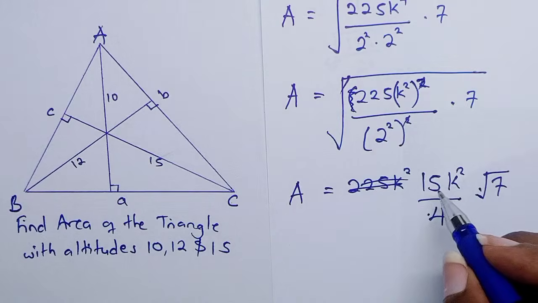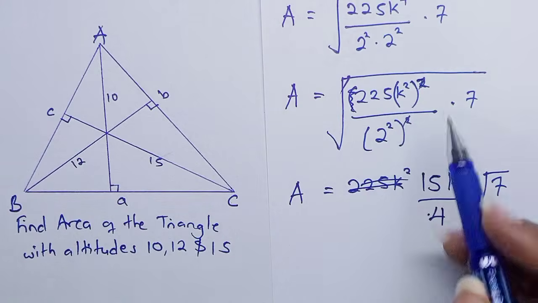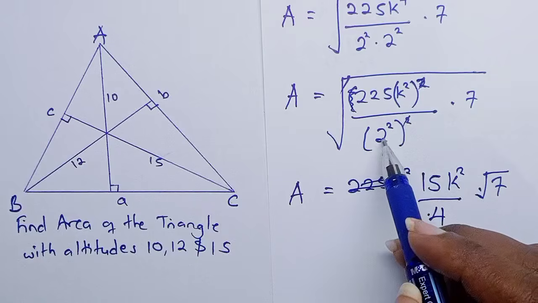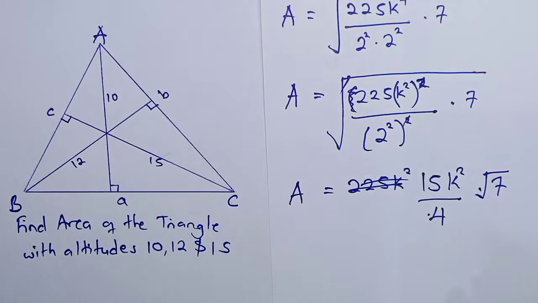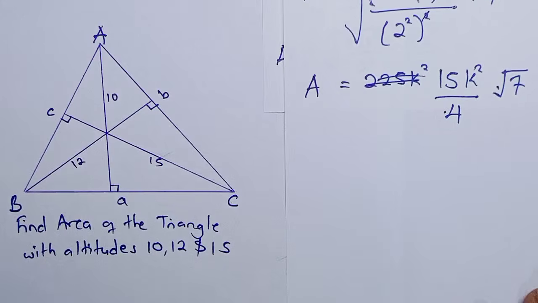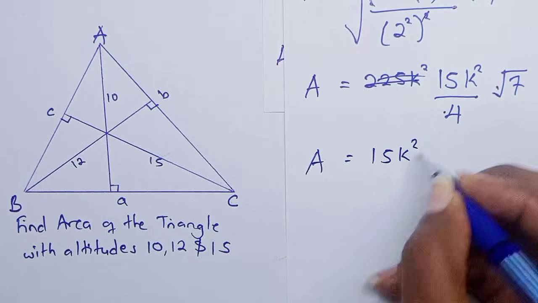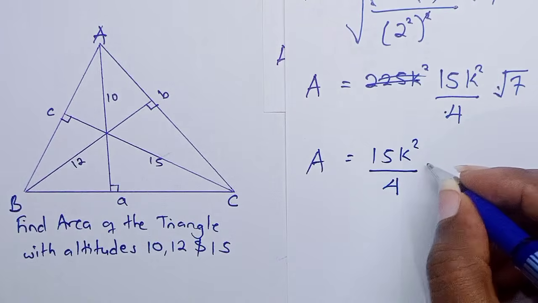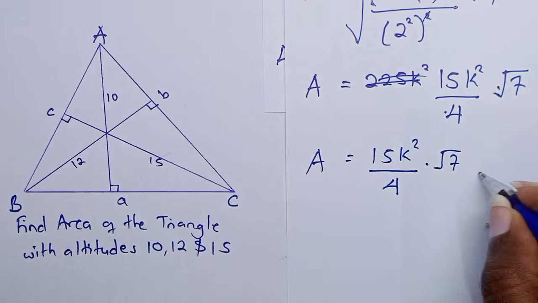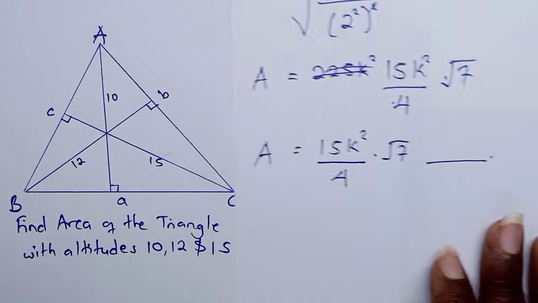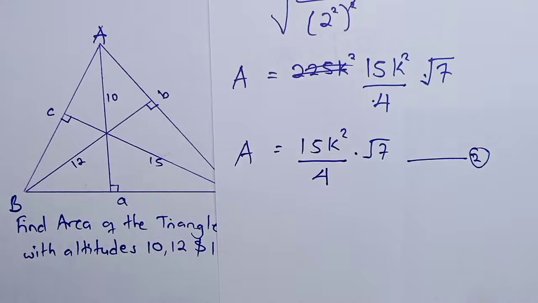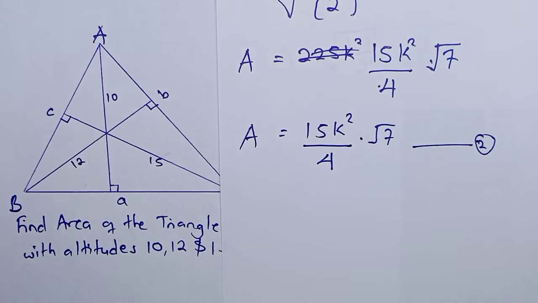Square root of 225 is 15 and square root of 2 squared squared is 2 squared, which is 4. So area is 15k squared over 4 times root 7. So let this be equation 2. Remember, equation 1 and equation 2 are both equations of area for this triangle.